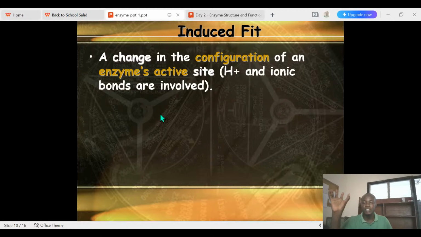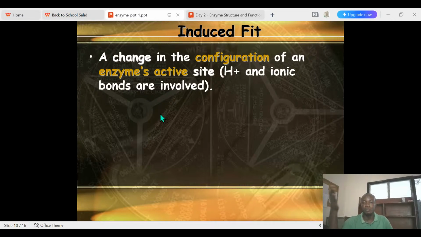Once the active site is changed, the substrate will fit perfectly into the binding site, and then the catalytic site will catalyze it to generate the products. And that is what you call the enzymes active site and also the induced fit model.